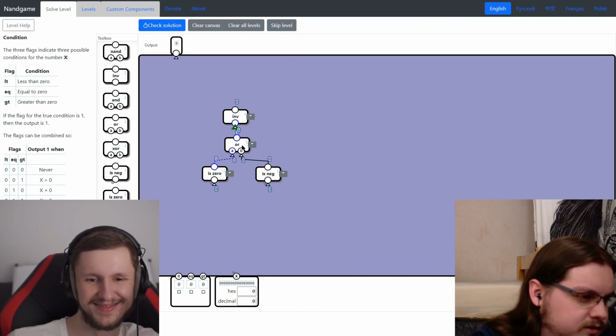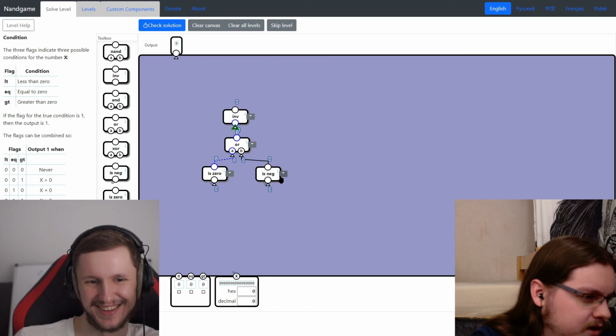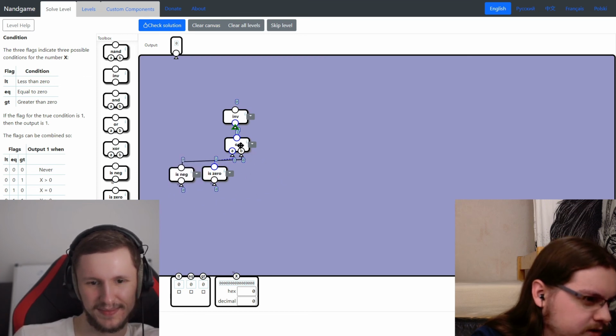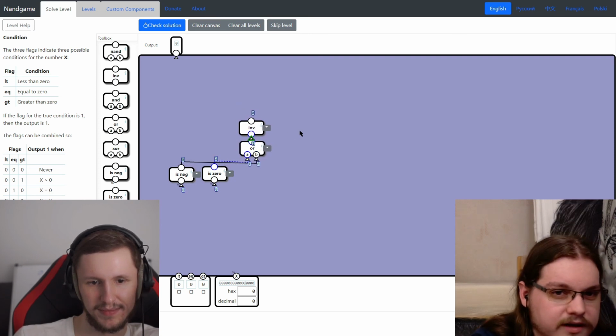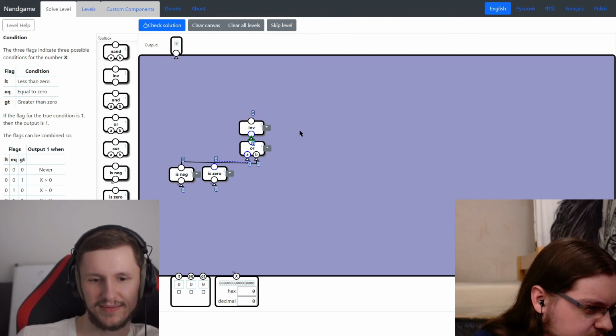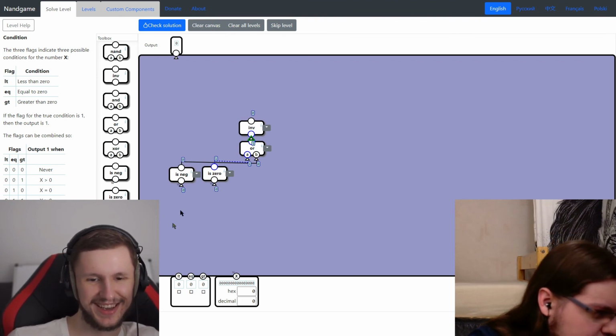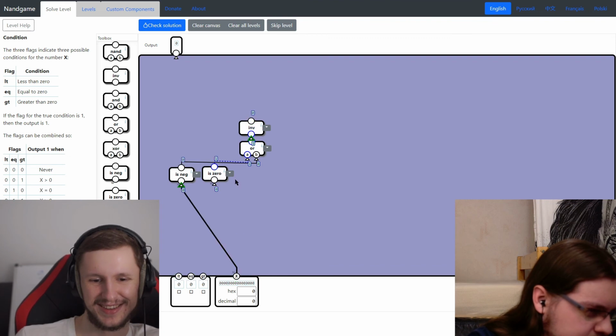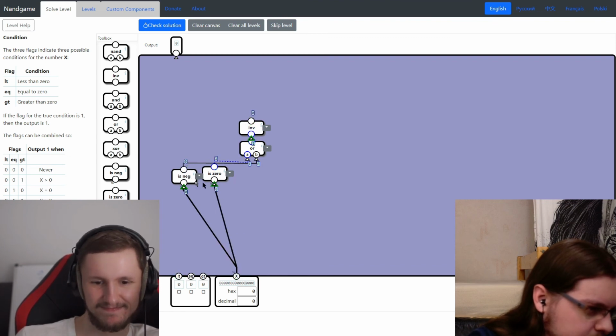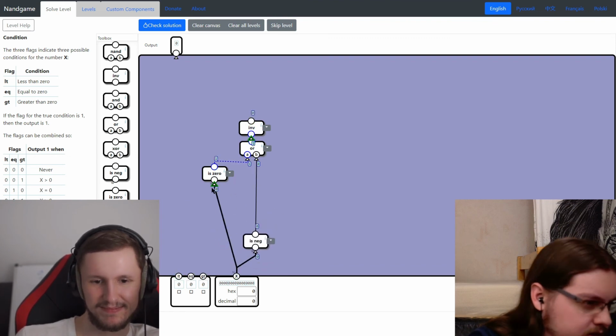But yeah, so we have less than, equal, and then greater than. This is the best way I can display it next to each other. Both of these just wire into the number, which means I've got to put them here.